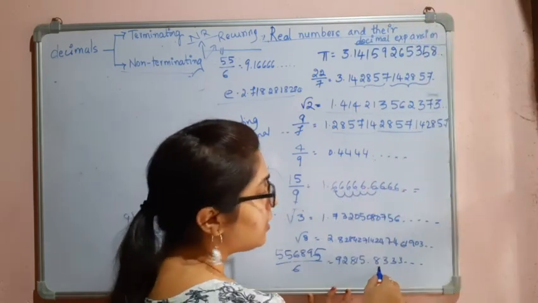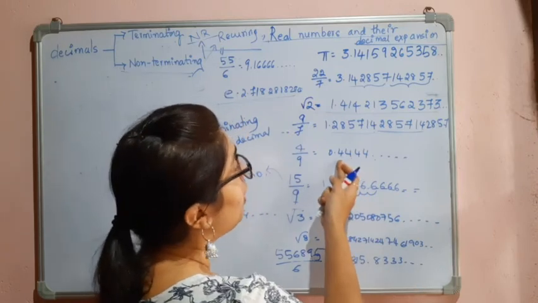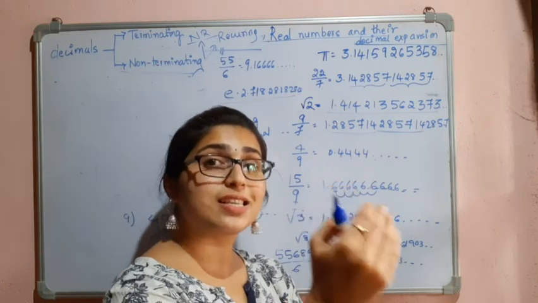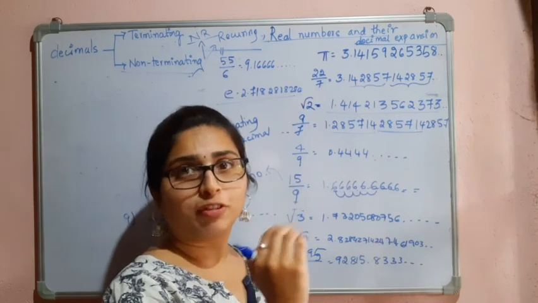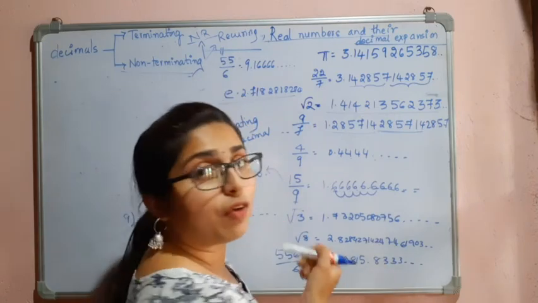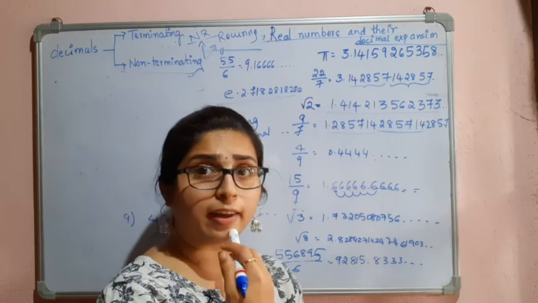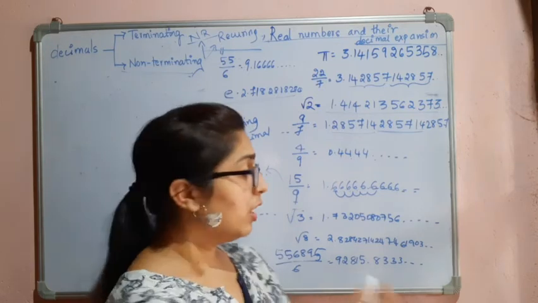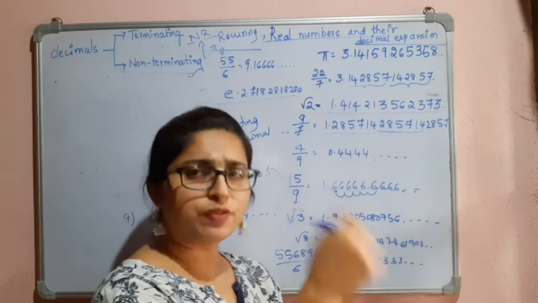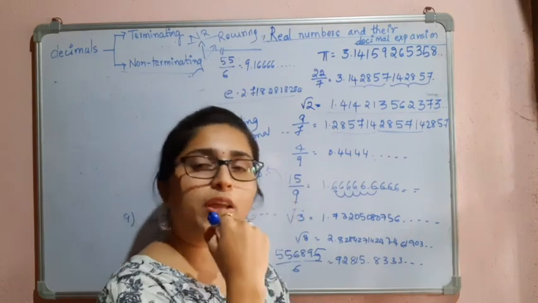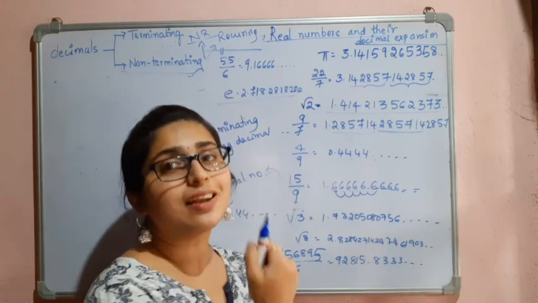Here we saw all these were like 0.4444, 0.66666, 0.33333, with no other digit before that, but here you can see before 3 you have 8. Then you might think whether it is rational or irrational, recurring or non-recurring. This is recurring. If you have a single digit and after that something is repeating, then also you can call it a recurring decimal. So this is a rational number.